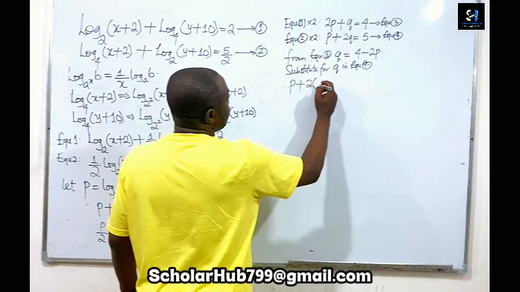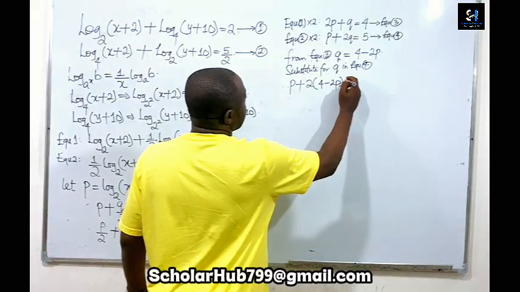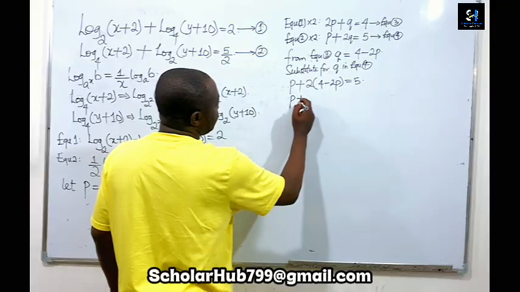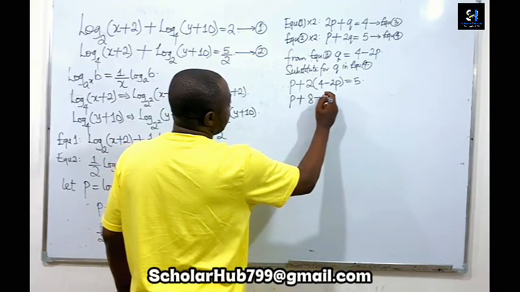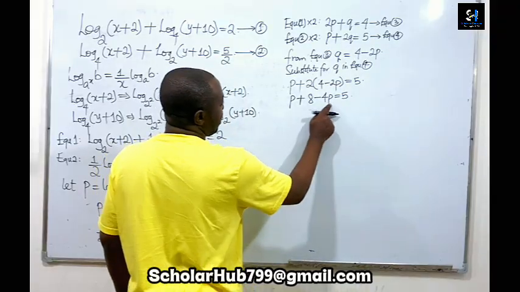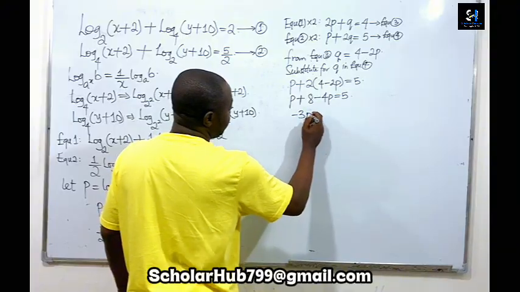So this will be p plus 2 multiplied by (4 minus 2p), and this equals 5. So this will be p plus 8 minus 4p equals 5. So p minus 4p is minus 3p.